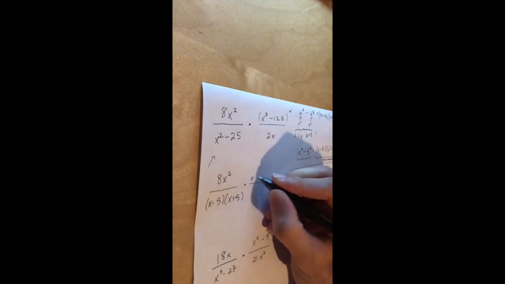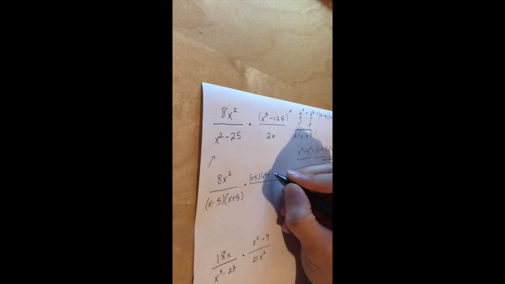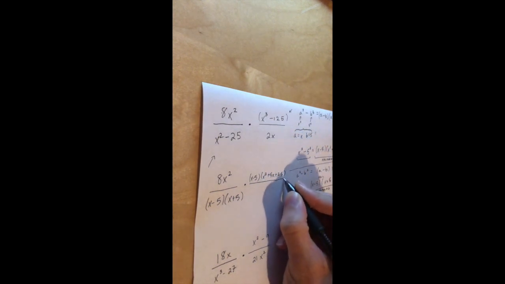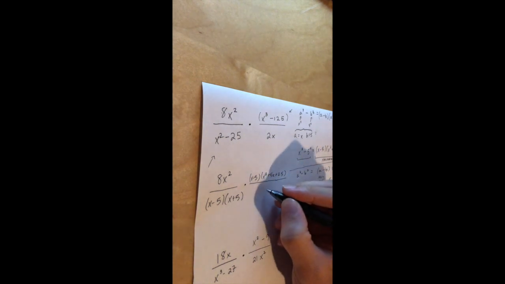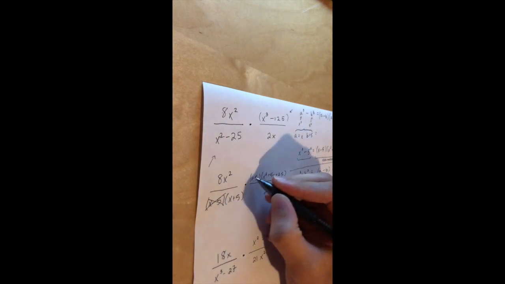It's going to become (x minus 5) times (x squared plus 5x plus 25), over 2x. Looks complicated. Okay, now we're going to start canceling stuff out. It's a good thing that we factored everything, because we have this x minus 5 and this x minus 5. That was the point of the factoring exercise. We're trying to cancel this out.